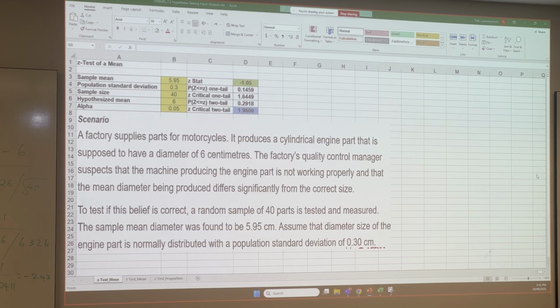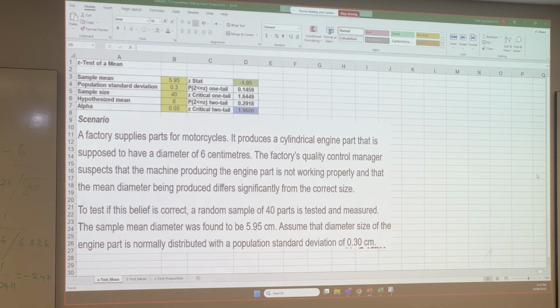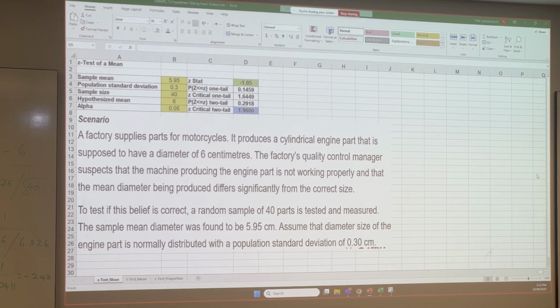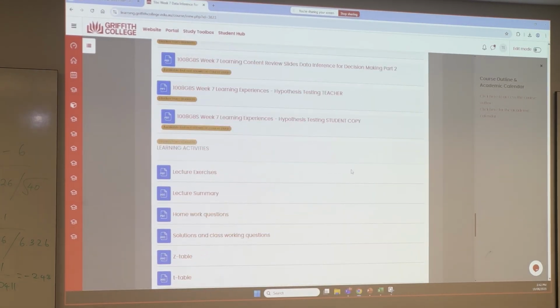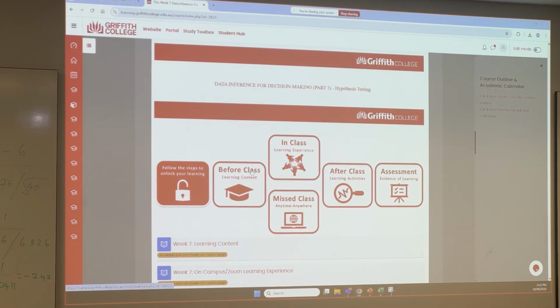Orientation thing, you can see this one in the backpack, the output, and this one. Where is the question? I'm looking for it. If you go to week 7, before class, I'm going to show you.